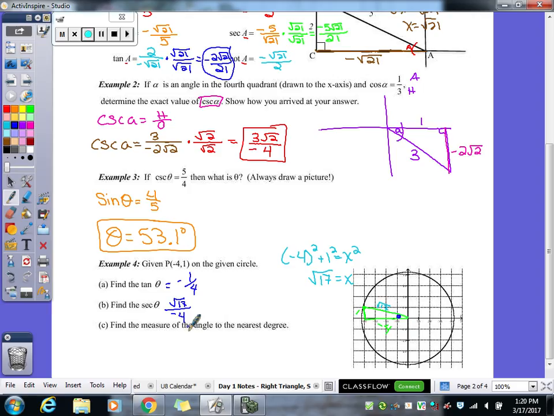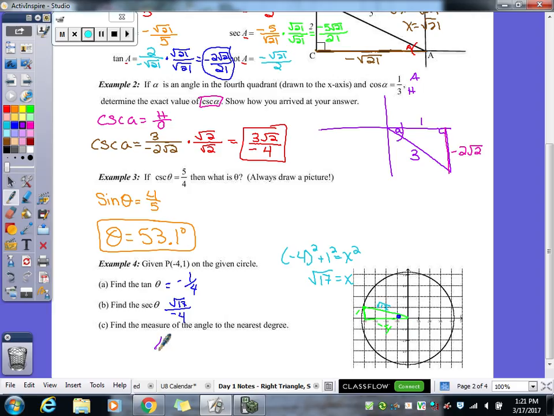And now they want us to find the angle measure. I would use our tangent one, because you can't do secant in your calculator. So do inverse tangent of negative 1/4. Let's see what we get. Second tangent of negative 1/4. Yeah, 14 point what?